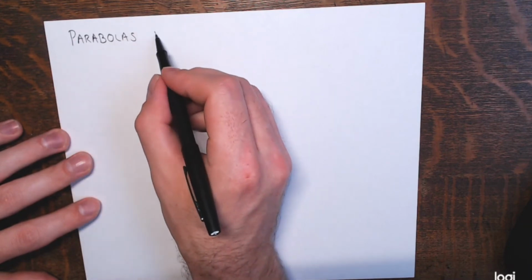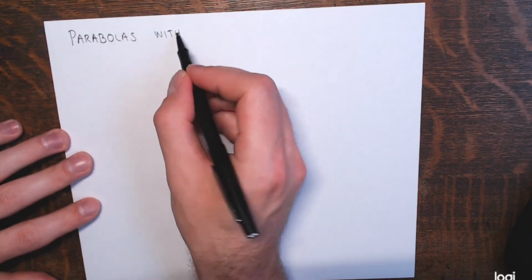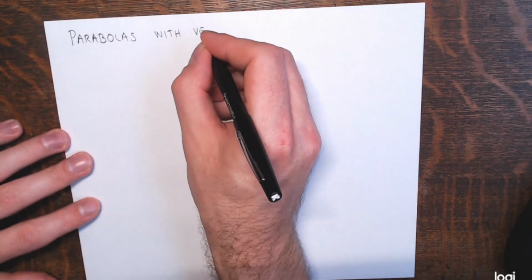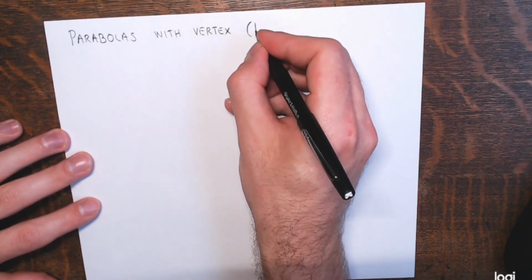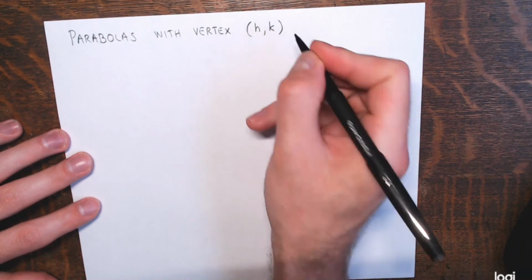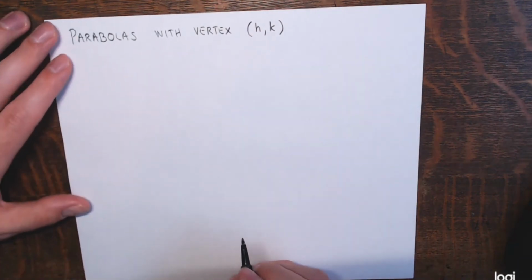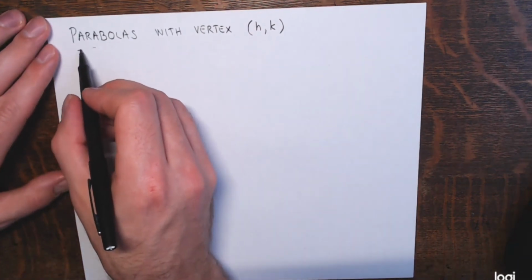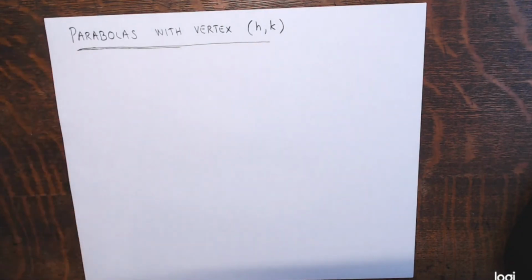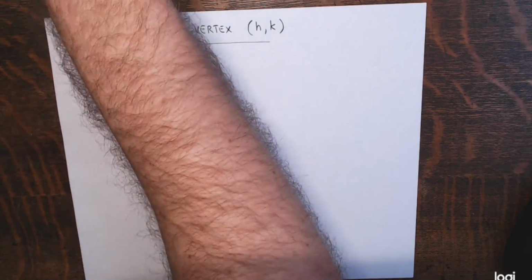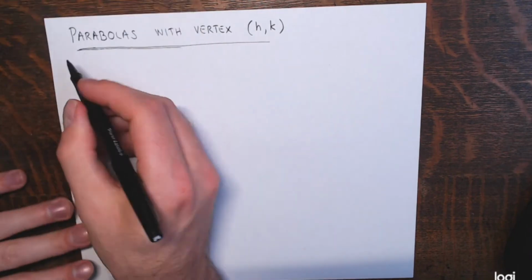Parabolas with vertex at the point h comma k instead of 0, 0. And just like with the last video, section 12.3 part 1, we're going to look at two different cases.